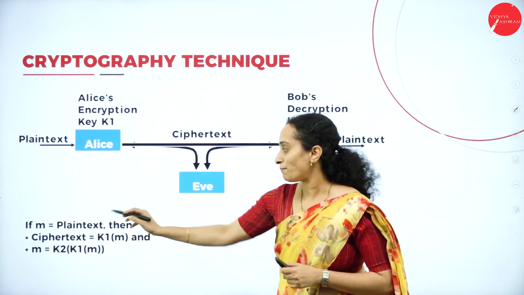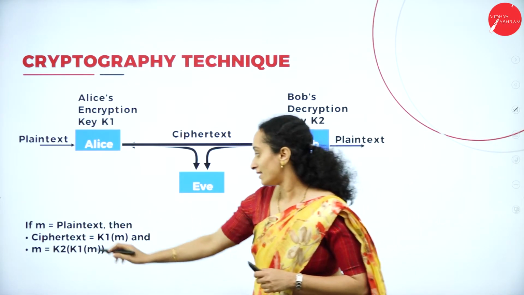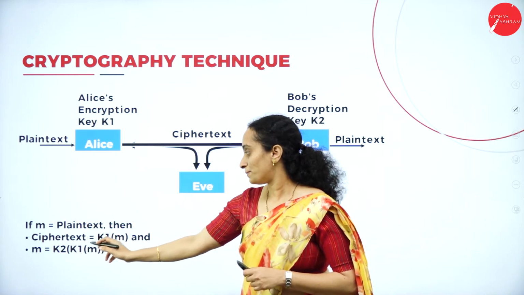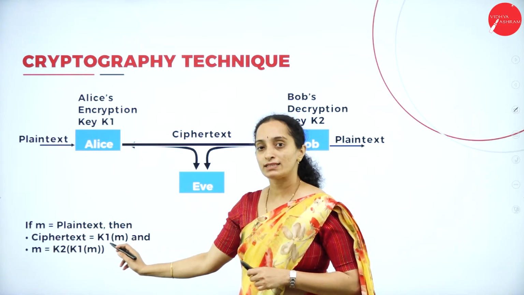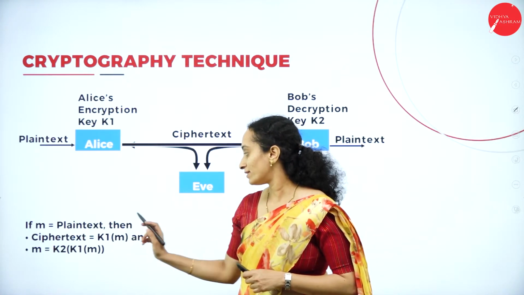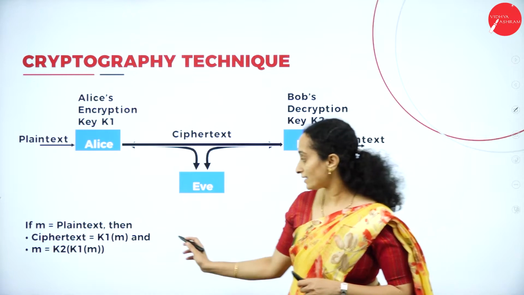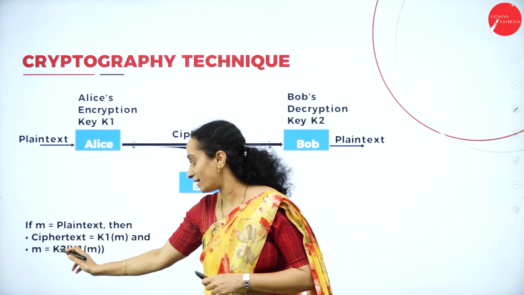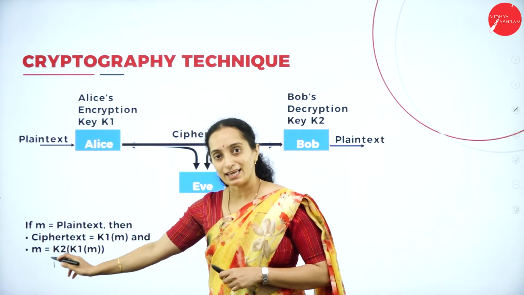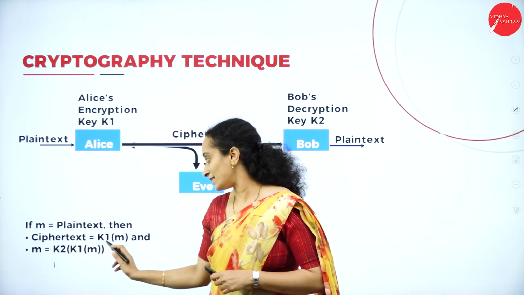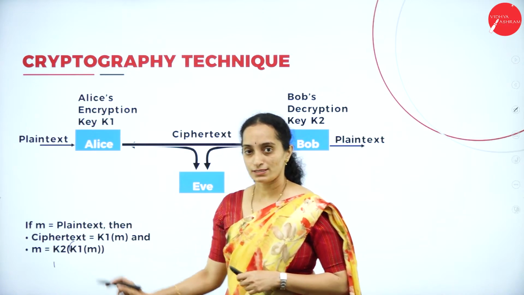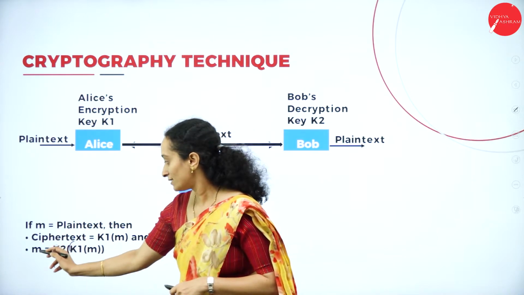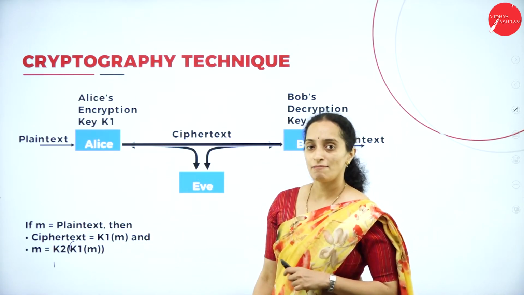If M is termed as plain text, then the ciphertext can be obtained by using the key K1 with the message M. The message M will be obtained by applying key K2 to K1 of M, which gives you the original message.